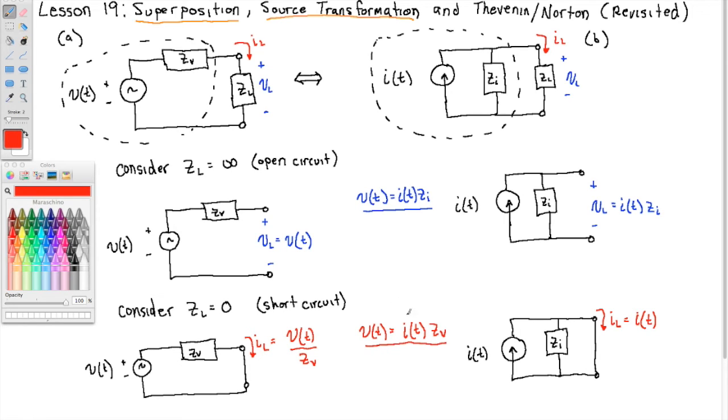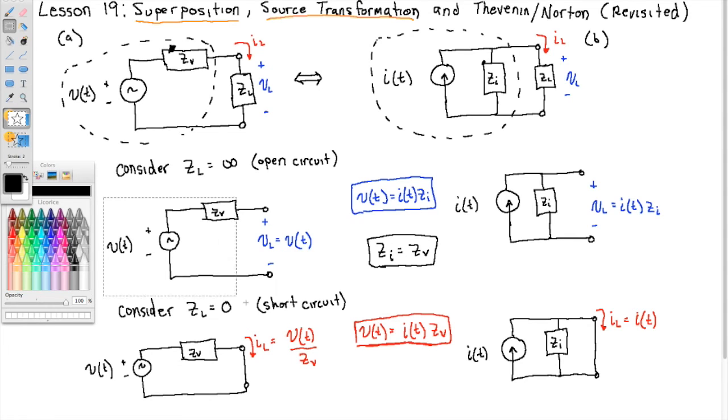Now I compare this result in the red box with the result in the blue box. Those both must hold. So it must be true that the two impedances in the pictures, ZV over here and Zi over here, are equal. Let's drop the subscripts and just call it Z in both cases.